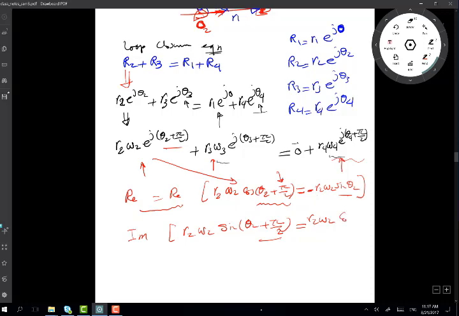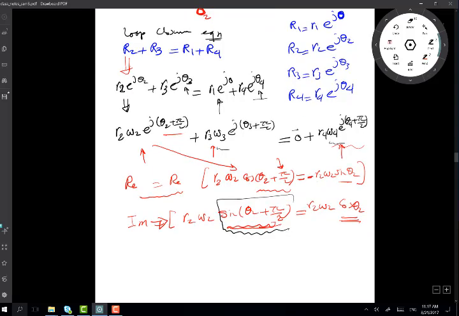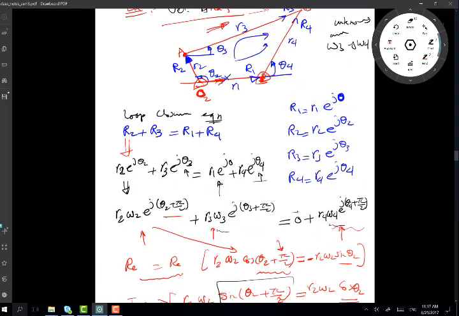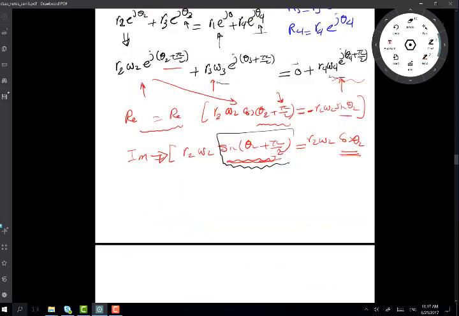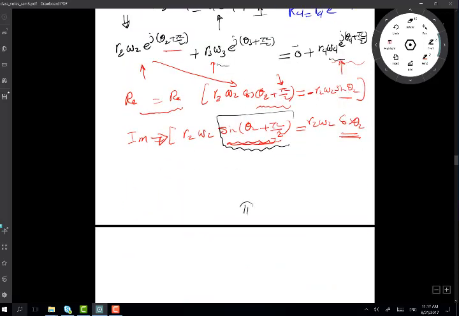So it gives you cosine theta 2. So the imaginary part has cosine appearing: it should be sine, but it was sine of theta plus 90, so it became cosine theta when I simplify. I want you to pay attention to that because we are going to do this a fair bit without explaining every time.